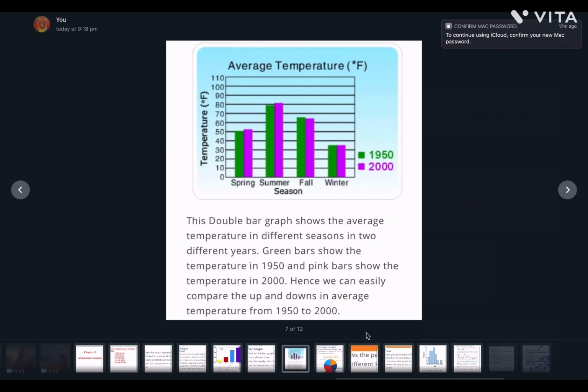One is of green color and the other one is of pink color. Green color shows the temperature in 1950 and the pink bar shows the temperature in 2000. Hence we can easily compare the ups and downs in the average temperature from 1950 to 2000, right? I hope double bar graph is clear to you.